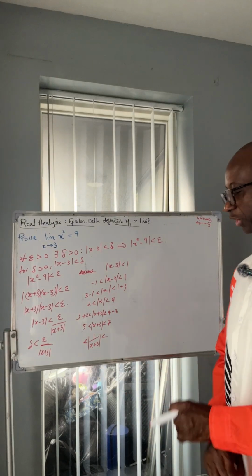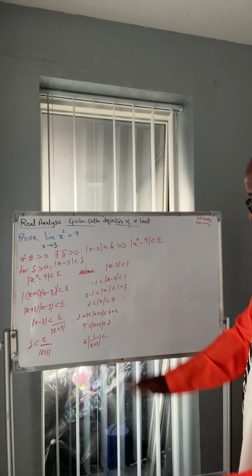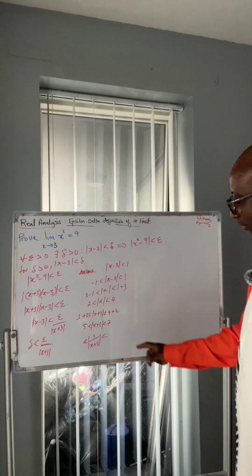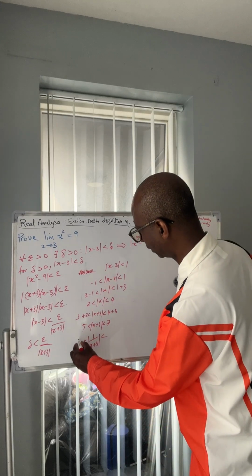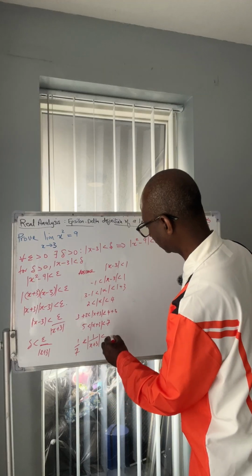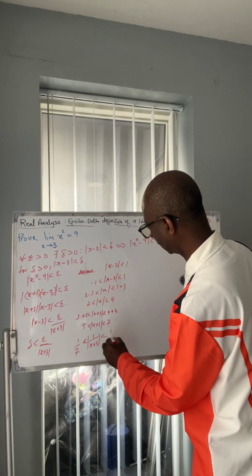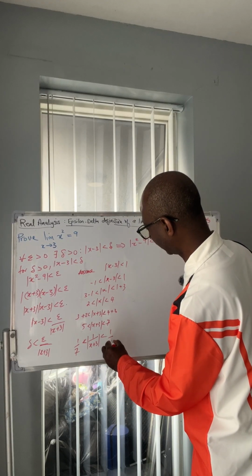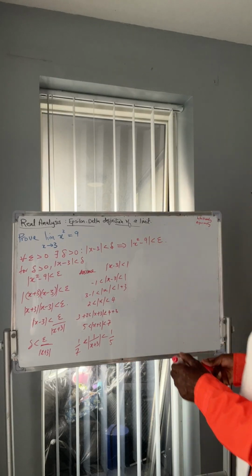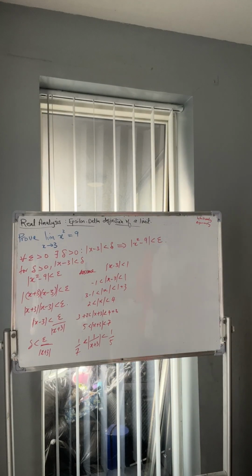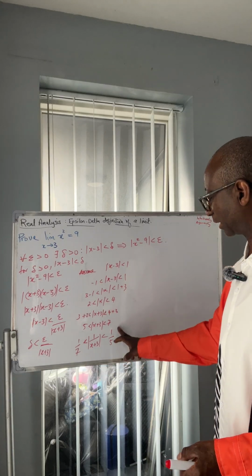Now, everything will change when it goes to a fraction. We now have 1 divided by 7 and 1 divided by 5. This is how it will change, because 1 over 7 is less than 1 over 5.